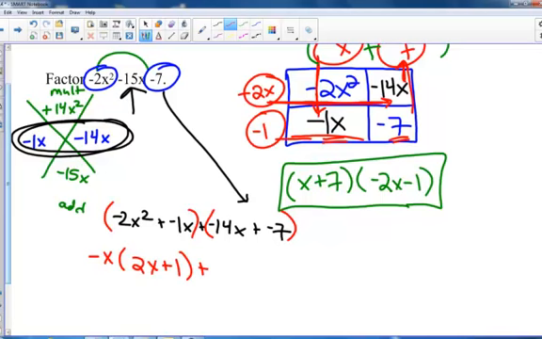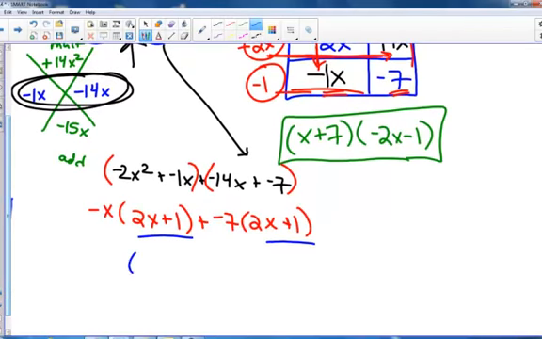In the back here, I need to get a 2x plus 1, so I'm going to take out a negative 7 and 2x plus 1. So my factored form is 2x plus 1 and negative x minus 7.